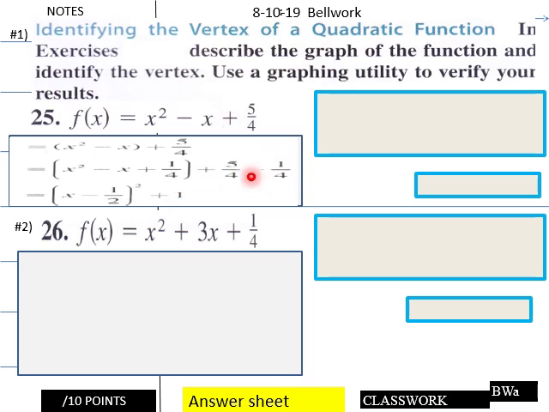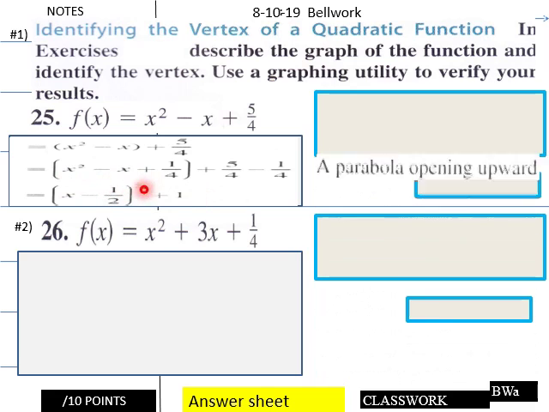Then we add that outside the parentheses, so it'll be a negative 1/4 out here too. Now we find this is a perfect square, x minus 1/2 squared, and then 5/4 minus 1/4 would be 4 over 4, which would be 1.